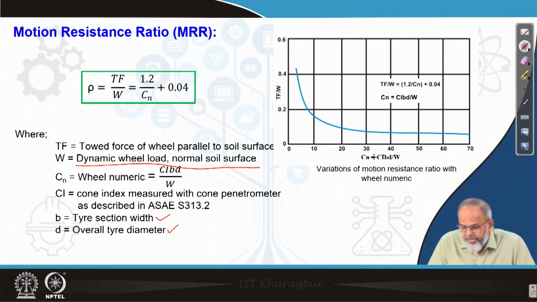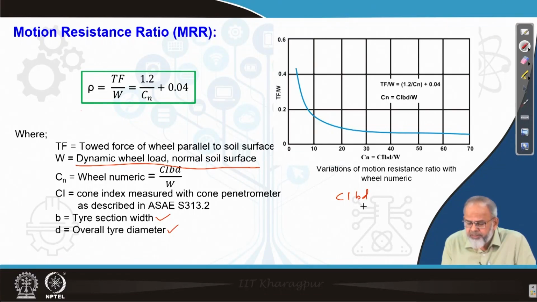Why is it so? And what does it reflect? When I say the wheel numeric is 5, wheel numeric means CIBD by W. For a given tire size of the pneumatic wheel, BD cannot be changed. The only change is your CI, that means the strength of soil.